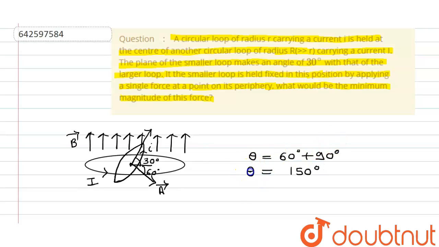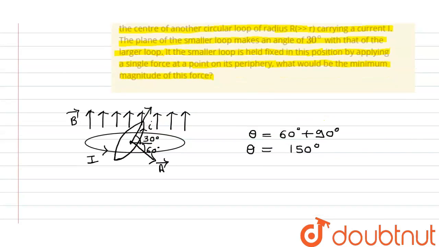Now, in the presence of the magnetic field, this smaller loop will try to rotate. So a torque will act on this smaller loop, and we know that torque is given by mu cross B, where mu is the magnetic moment of the smaller loop.